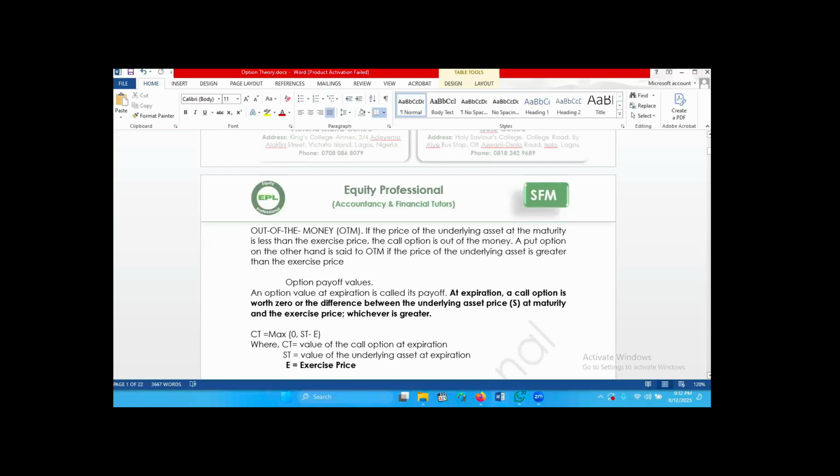All right. Our next discussion, option payoff values. What is option payoff? How do we calculate option payoff? Option payoff is the value of the option at maturity.